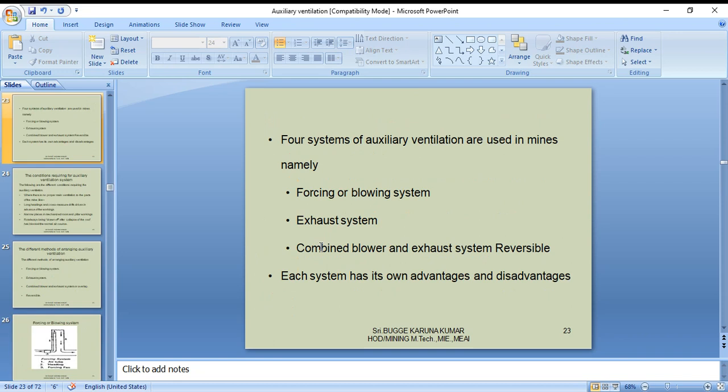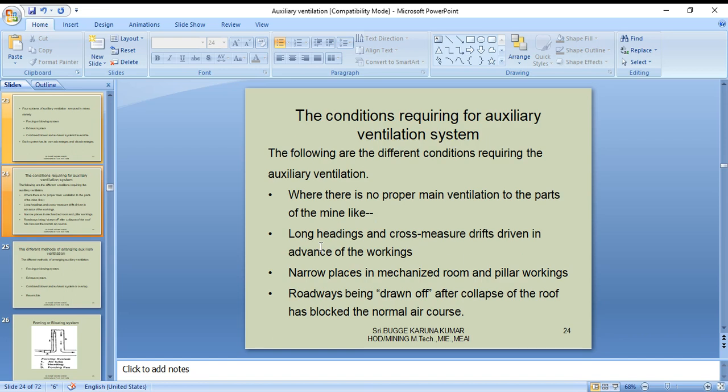Four systems of auxiliary ventilation are used in mines, namely forcing or blowing system, exhaust system, combined blower and exhaust system, and reversible system. Each system has its own advantages and disadvantages. What are the conditions required for auxiliary ventilation? The following are the different conditions.